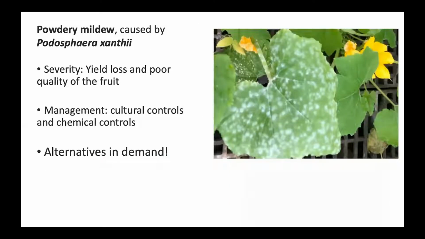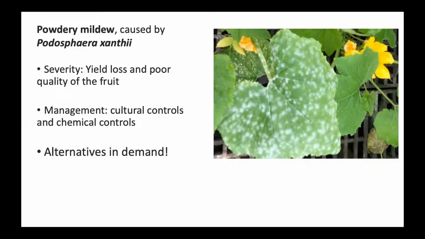Powdery mildew is a fungal disease on squash. One of the aggressive pathogens is Podosphaera xanthii, which is an obligate biotrophic parasite. For management, it also includes cultural control and chemical control. For resistant cultivars, squash has rare resources and no high-level resistance is available.